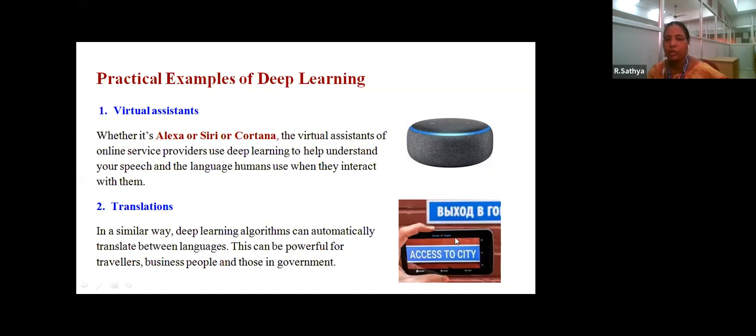Translators, and we don't bother about why, if this app is there with me, I never learn any new languages, isn't it? I am never eager to learn any other new languages since I have the app. I just scan it and get the corresponding sentences. Why should I learn a new language? It is actually degrading our skill set, isn't it? Even though we are saying that it is on the pros side, it is a con only. It is a drawback only, isn't it?